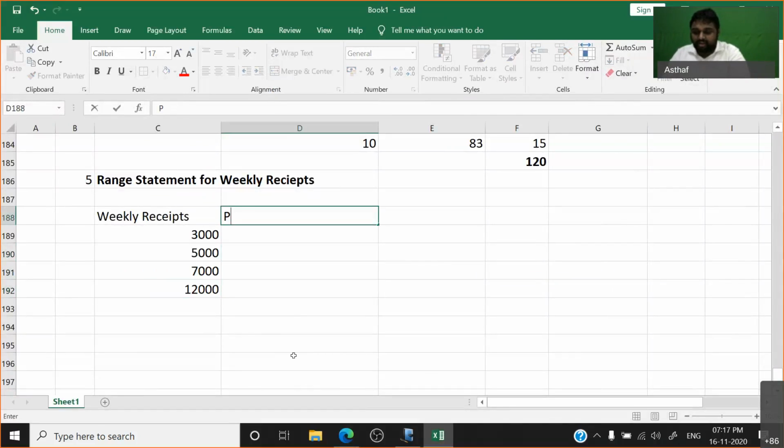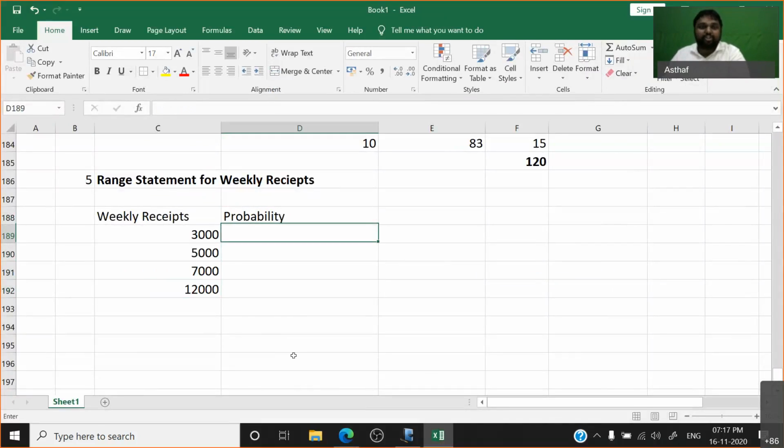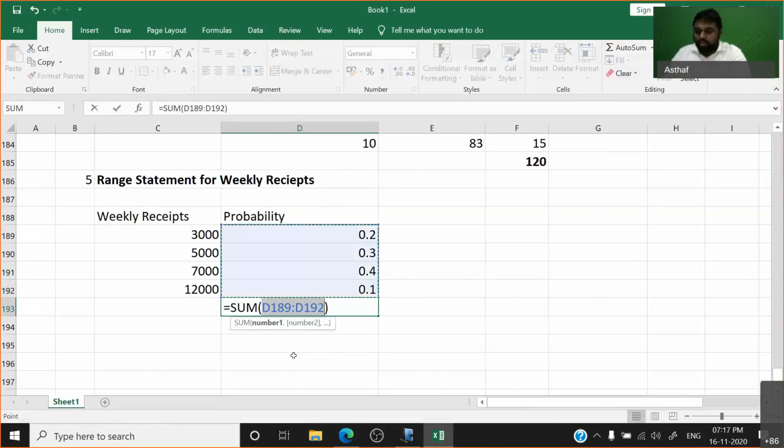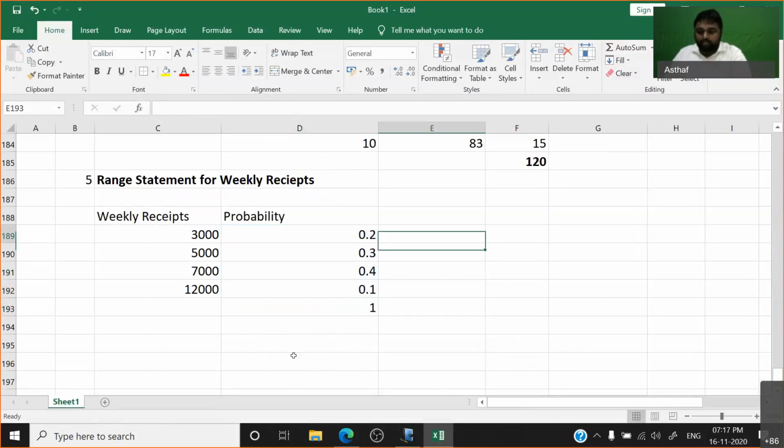See this question, they have already given the probability. In this question, they have already given probabilities 0.2, 0.3, 0.4, 0.1. The total of probability is 1.